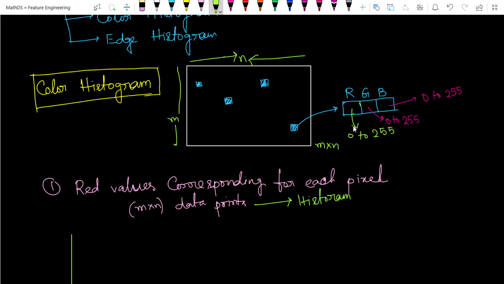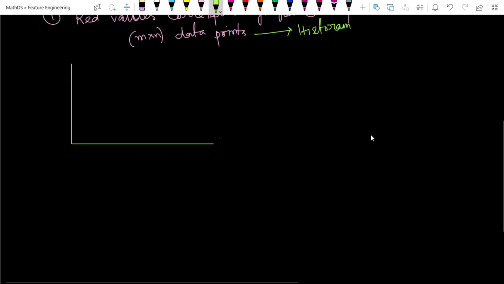The density of each color lies from 0 to 255. This is the lowest density value, and this is the highest density value.